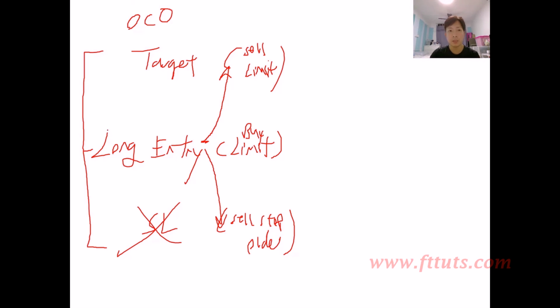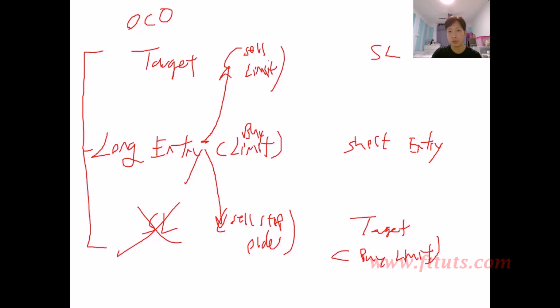Okay. So similarly, if you put a sell limit OCO order, let's say you are doing a short entry, if price goes up, that is your stop loss, right? If price comes down, that is your target order, which is your buy limit order. Your short entry will be your sell limit order.